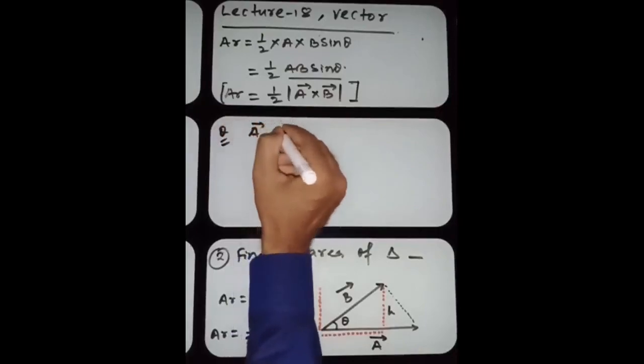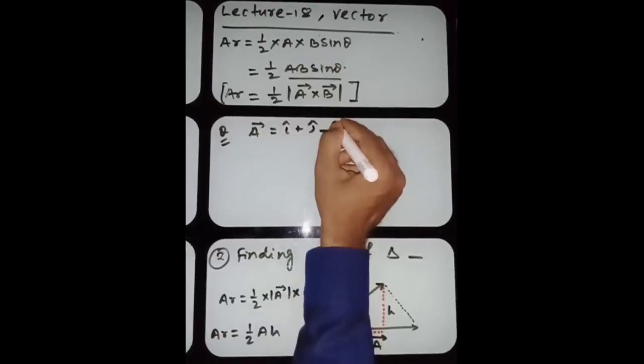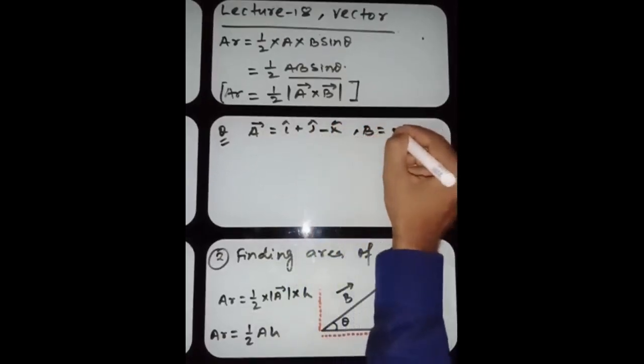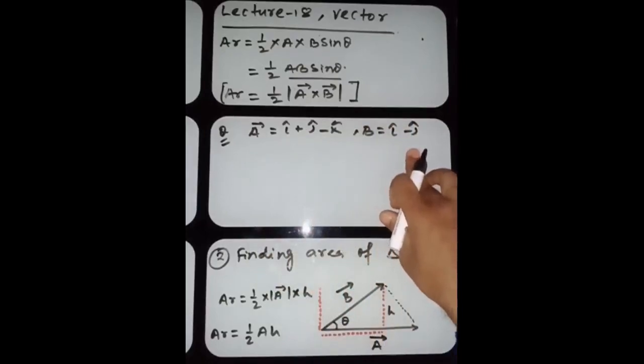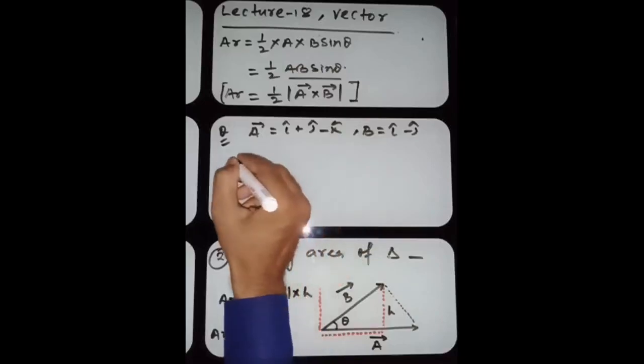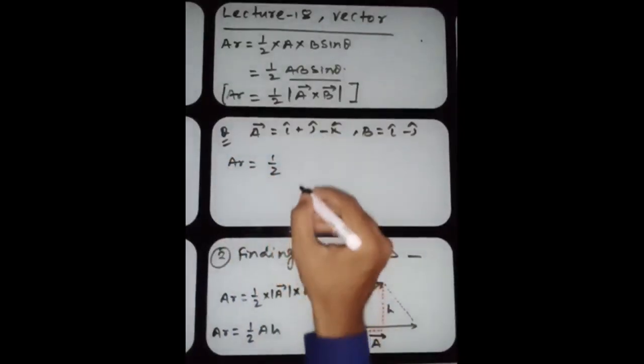Suppose the vector A is i plus j minus k and another vector B equals i minus j. These two vectors form a triangle. Then find the area of this triangle. You can find the area as half into the cross product of these two.